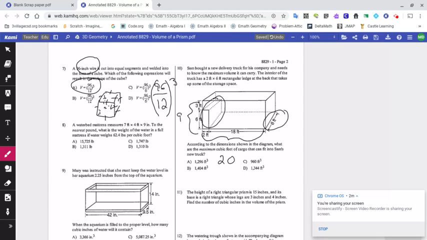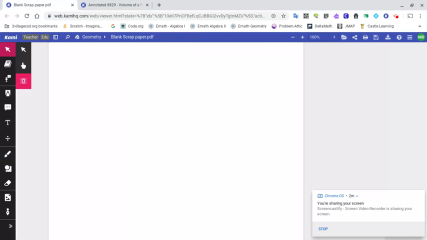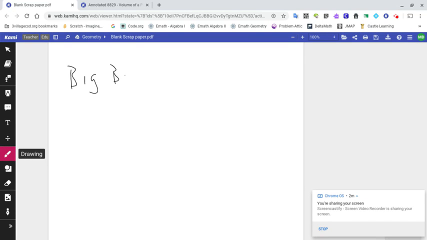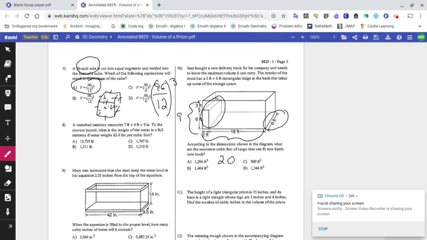So its volume is 20 times 8 times 9. The big box equals 9 times 8 times 20, which is going to give us 1440. So that's 1440 cubic feet, the entire truck. Then minus this smaller box here, which has dimensions of 2 by 6 by 8. This distance is 8, the same thing as that distance there.